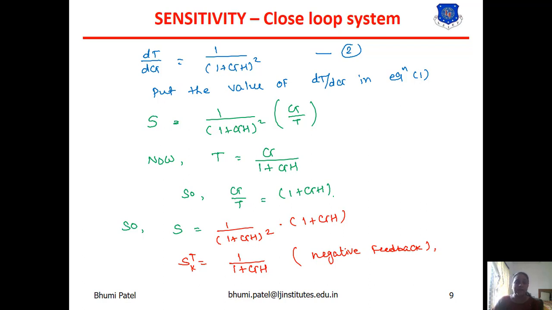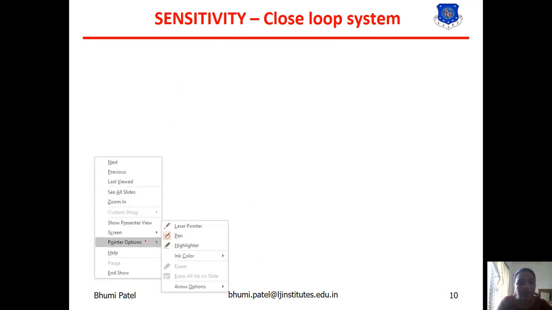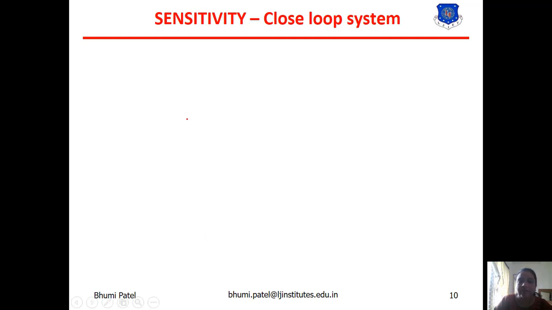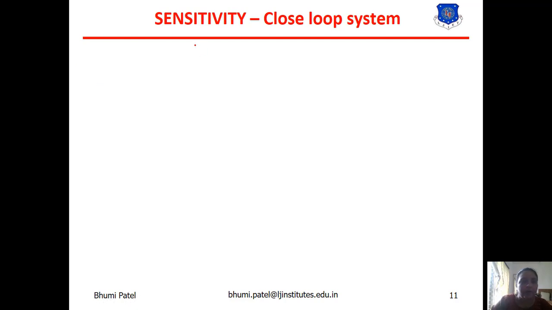Now sensitivity depends on the value of H. You can see in this equation sensitivity S depends on H, and H is our closed loop system parameter, the feedback parameter.